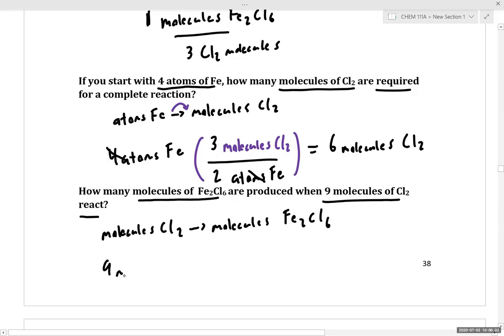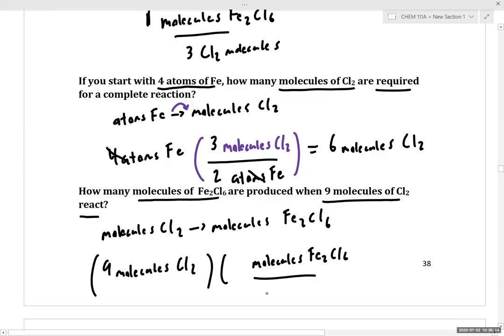So we have 9 molecules of chlorine. And my question to all of you is, how many molecules of product are produced per how many molecules of chlorine consumed? What's our ratio of product to chlorine?